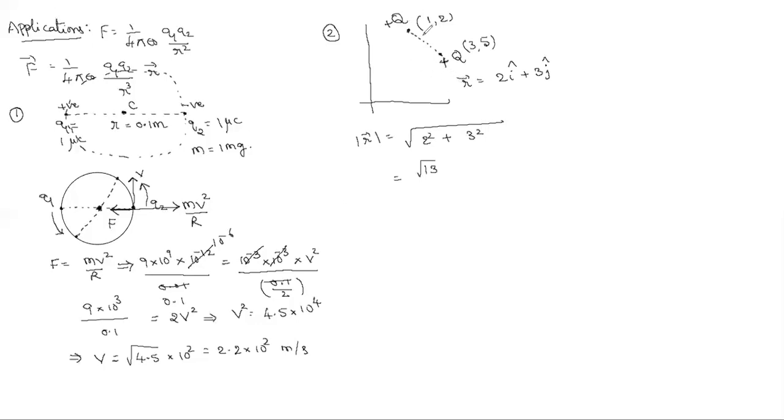Then I am asking the question, what is the force between them? F bar equals to how much? It is 1 by 4 pi epsilon naught, q1 q2 by r cube into r bar.